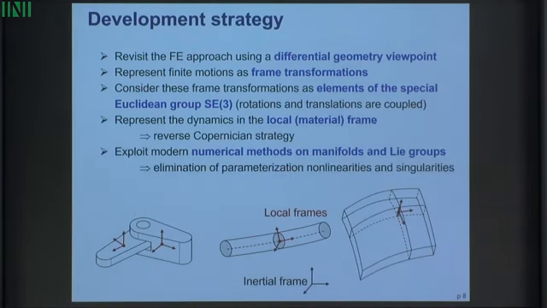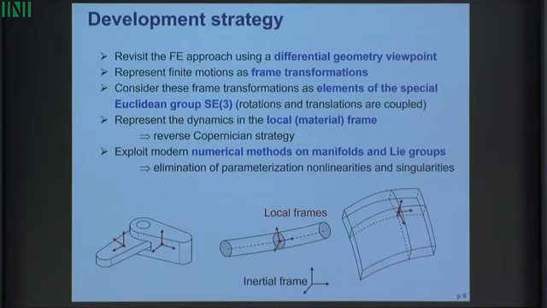Then in this Lie group formalism, you really have the choice to represent everything either in the inertial frame or in the local frame. And usually people in mechanics choose the inertial frame representation. Here, what we suggest is that the Lie group approach, or the differential geometry framework, really simplifies the possibility to use the representation in the local frame.